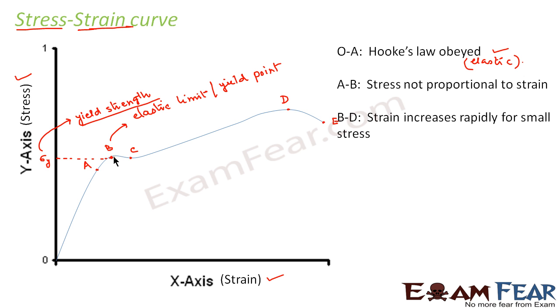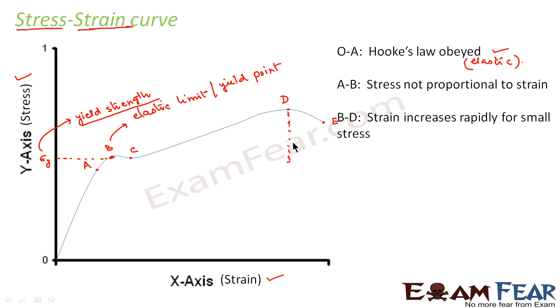Now if you see from point B to point D, what happens? We see that strain increases rapidly for small stress. That means from B to D, strain is increasing, but the increase in stress is small. If you see, the stress has increased from this point B to point D only this much.